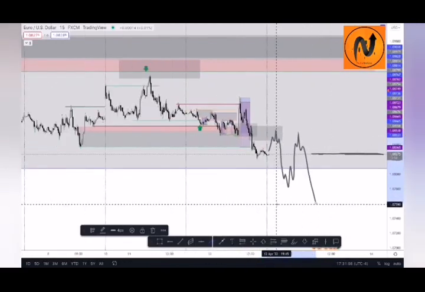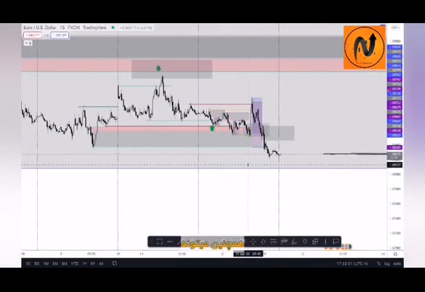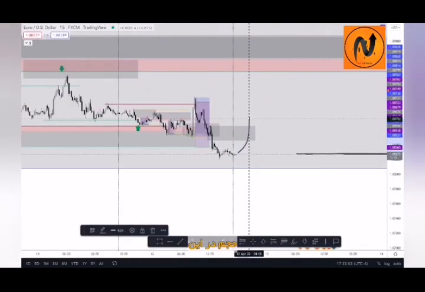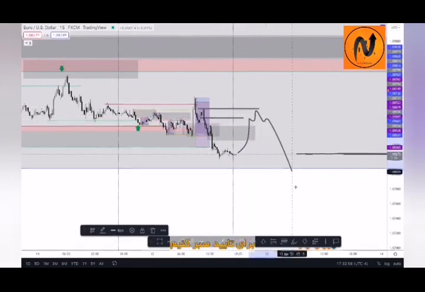That's what we're looking for coming into Asia. Now we could also trap volume here. If we trap volume, come into this POI, just wait for the confirmation, right? And then go.